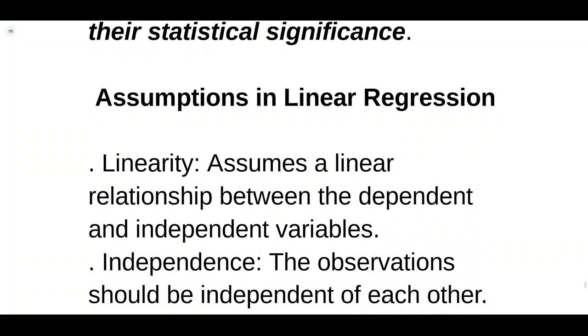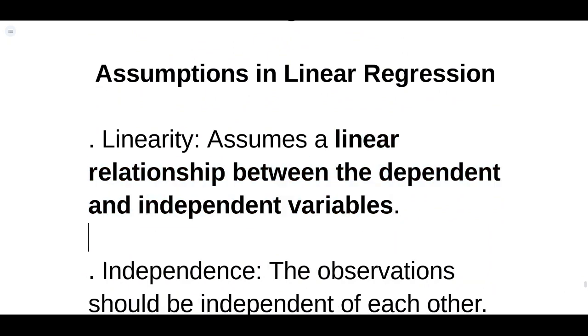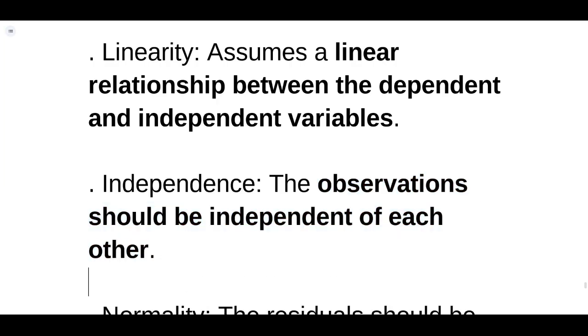So, assumptions in linear regression. Linearity, it assumes a linear relationship between the dependent and independent variables. Now, independence means the observations should be independent of each other. This is very important.